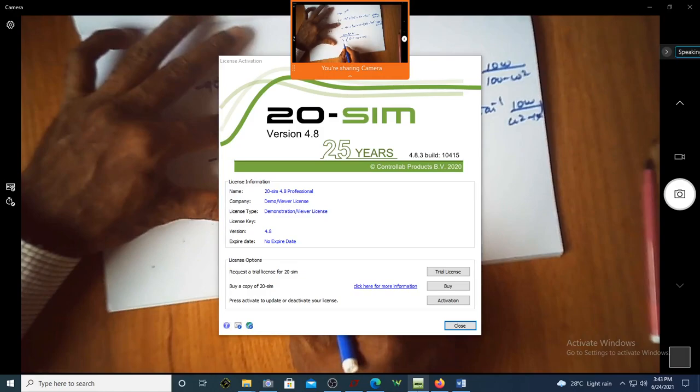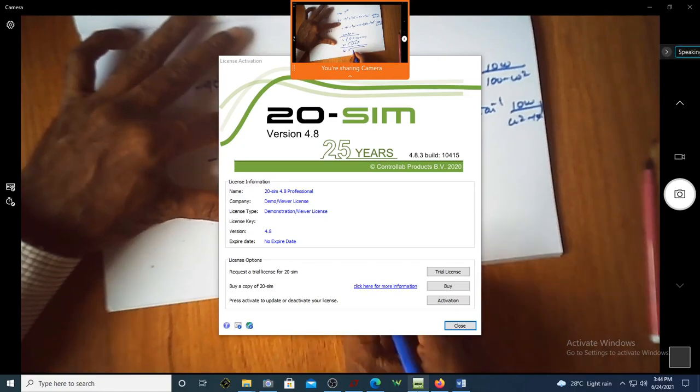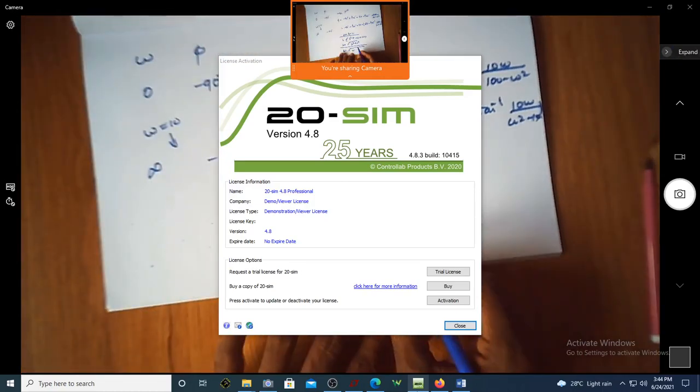Shall I write it as 200 under root of 2 square plus omega square by s is omega under root of omega?